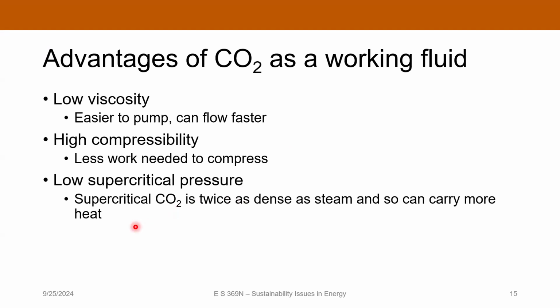And it's got a low supercritical pressure. Supercritical fluid is basically a dense gas. It's got gas-like viscosity with liquid-like density. And you can get CO2 to a supercritical state pretty easily. And in its supercritical phase, it's twice as dense as steam, so it's got a higher heat carrying capacity. So, you know, there are a lot of advantages.